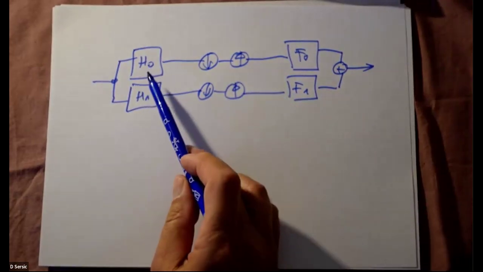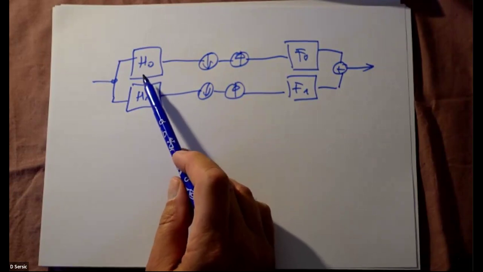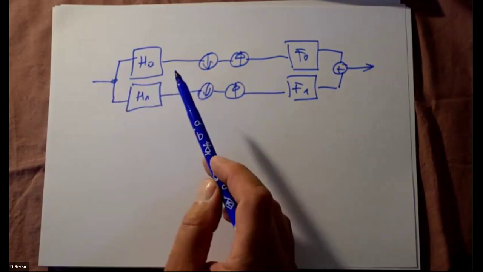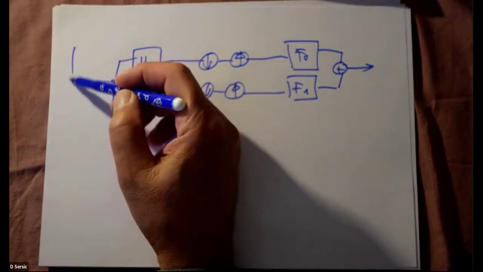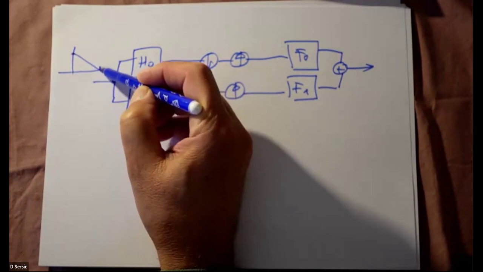Let us imagine for the moment that H0 is an ideal filter, like we already had in that example in the previous lecture. So let the input spectrum be something like this.